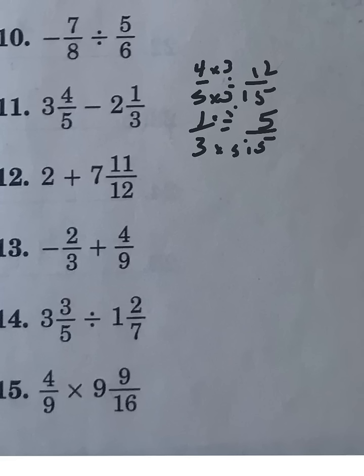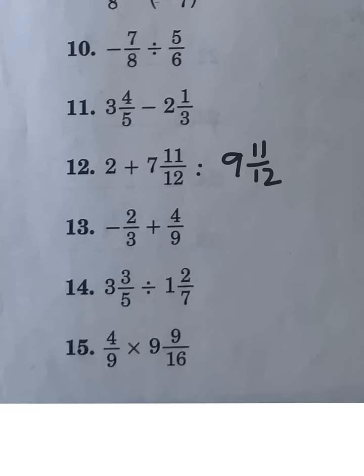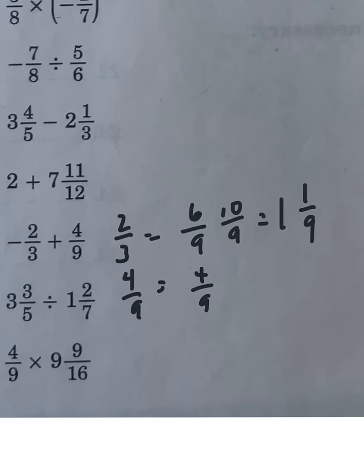So 12/15 minus 5/15 is 7/15, and 3 minus 2 is 1. So it's 1 and 7/15. For the next one, just have to set it up as 2/3 and 4/9, find a common denominator. Add them together, you get 10/9, which is the same as 1 and 1/9.